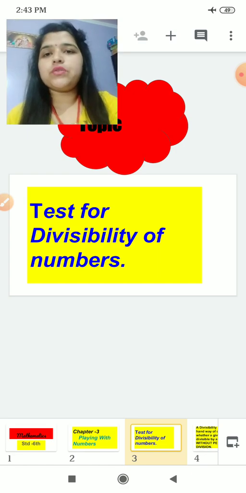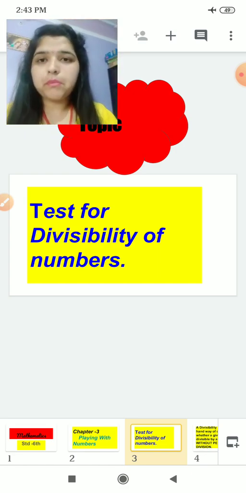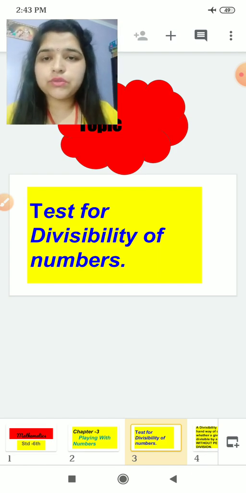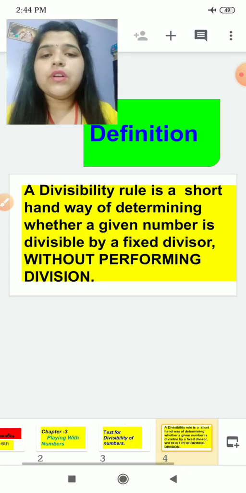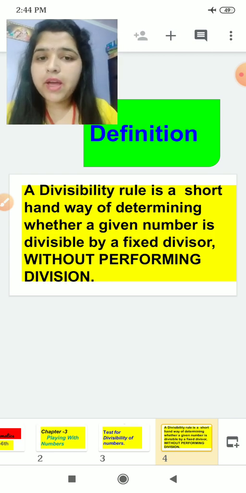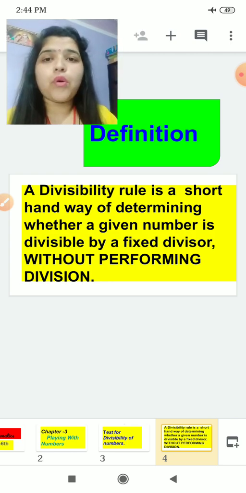Without performing the actual division, we were finding whether the provided number is divisible by the given number or not. What we have discussed, the divisibility rule, is a shorthand way of determining whether a given number is divisible by a fixed divisor without performing division.